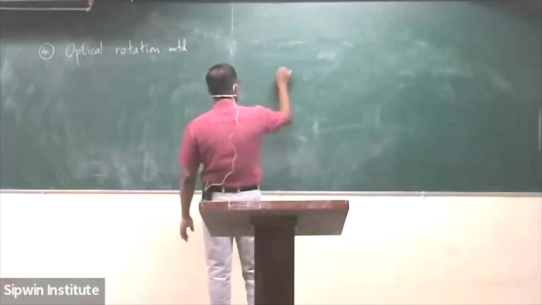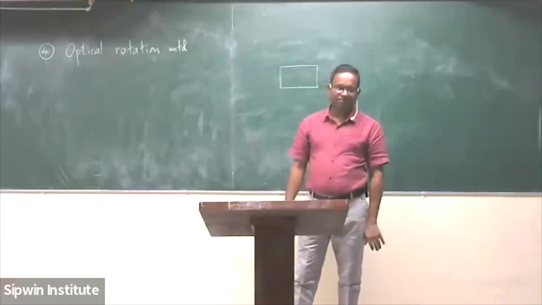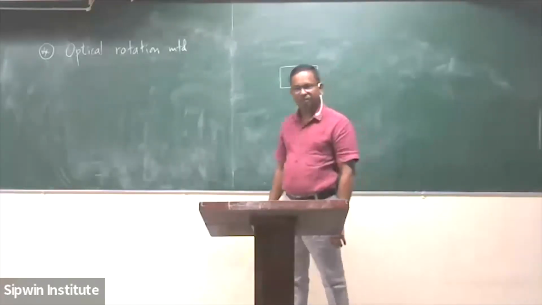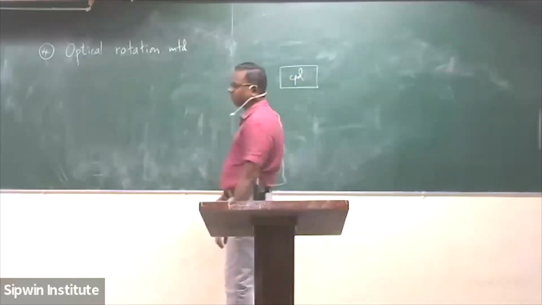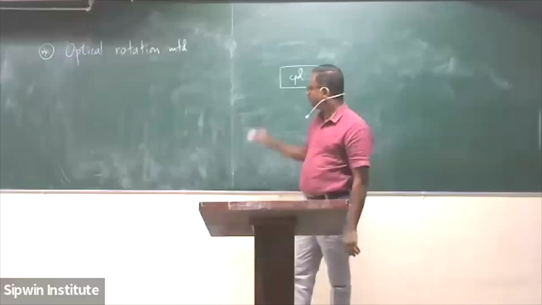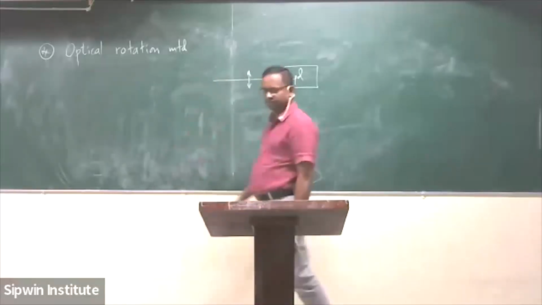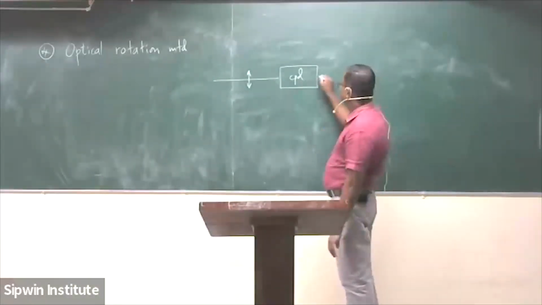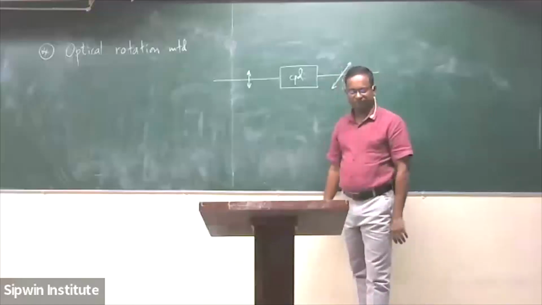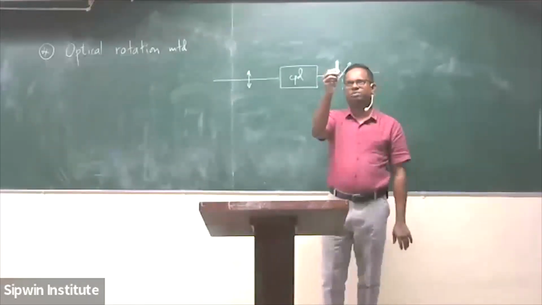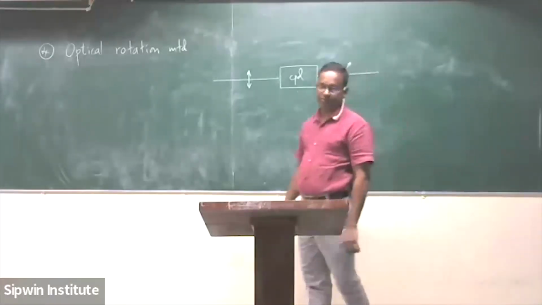If you take a certain organic compound, with a chiral center, an asymmetric carbon, and allow plane polarized light to fall on it, and if the plane of polarization turns clockwise or anti-clockwise, then we say this compound is an optically active compound.